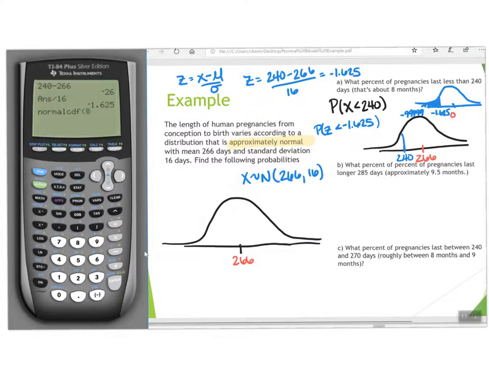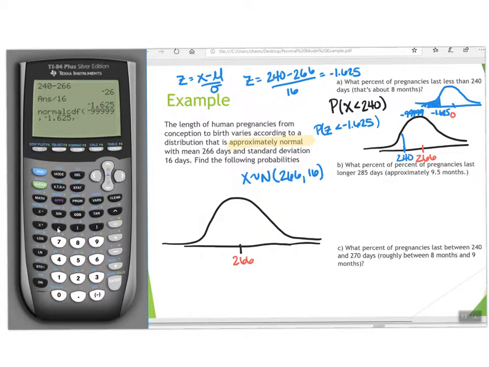Comma, we're stopping at the value of the z-score, which is negative 1.625.